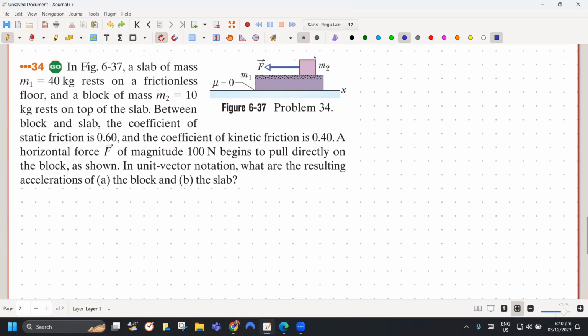The block is moving somewhere on the slab. The slab is not moving at the start. A slab of mass M1 rests on a frictionless floor.